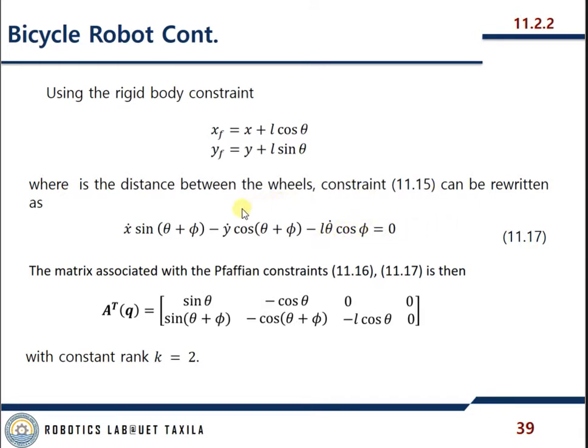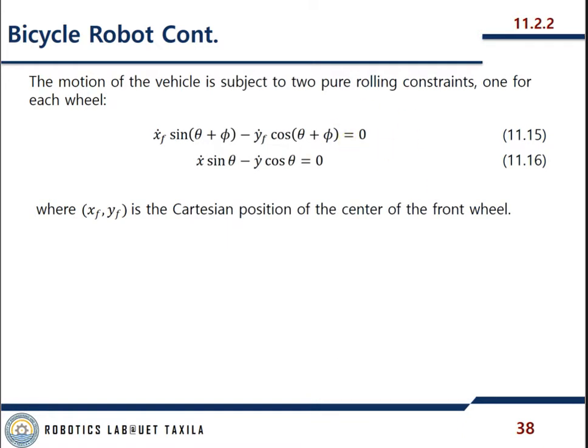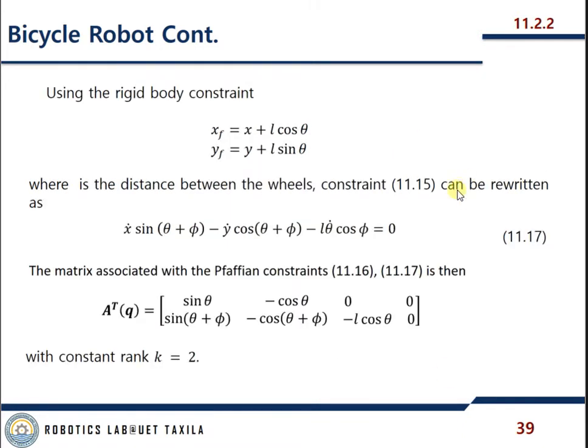This is going to be the constraint 11.15. We're rewriting this. The matrix associated with the affine constraints 11.16 and 11.17 is then this one: sin(theta plus phi), cos(theta plus phi), 0, minus L cos phi, 0, and 0.